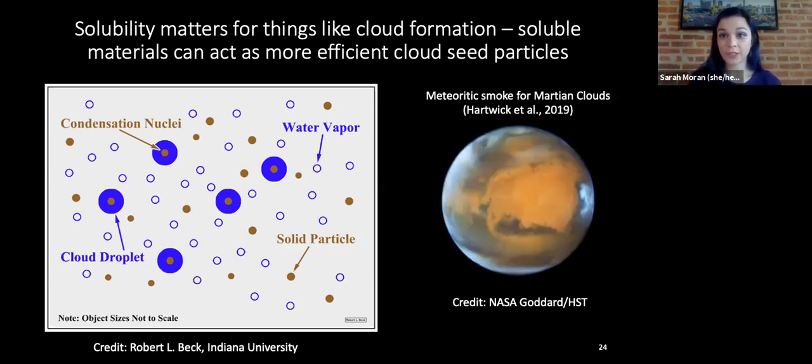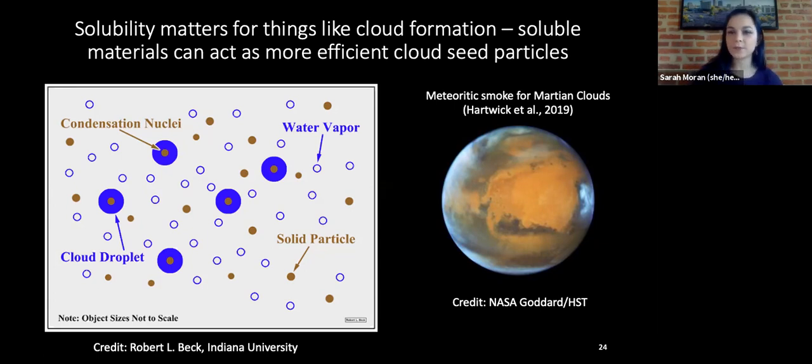But it's important not just on Earth. I really love this study that came out last year from Victoria Hartwick, who's now at Ames, and she was able to show that there are all these different parts in the middle atmosphere of Mars where we see clouds, we observe them, we know they're there, and yet models were unable to form any clouds there.